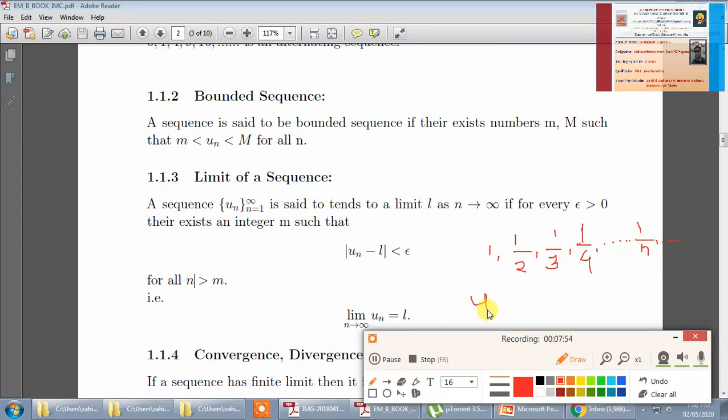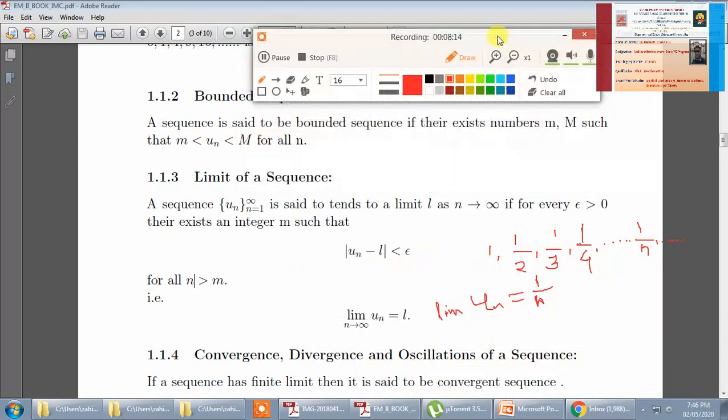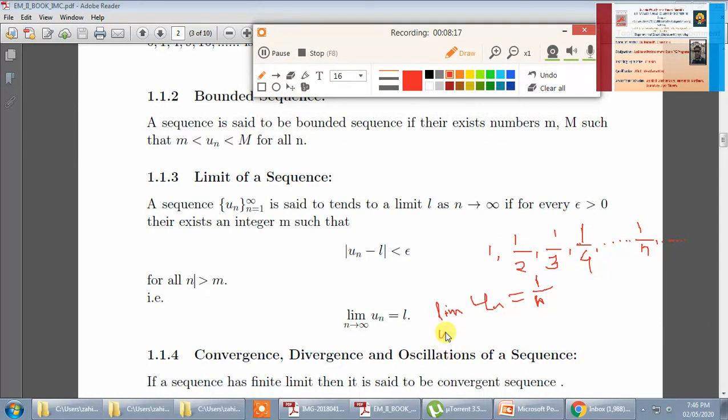So what is un for this sequence? un is equal to 1/n. Now let us take the limit as n tends to infinity. If I take the limit as n tends to infinity, then what is happening? 1 upon infinity.